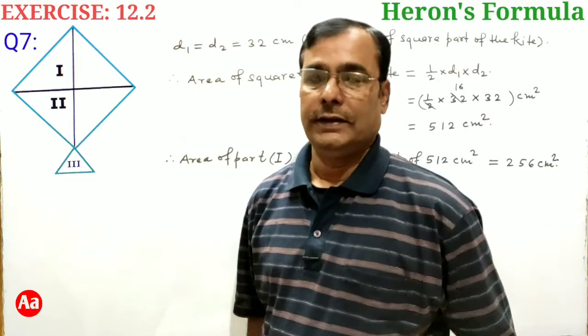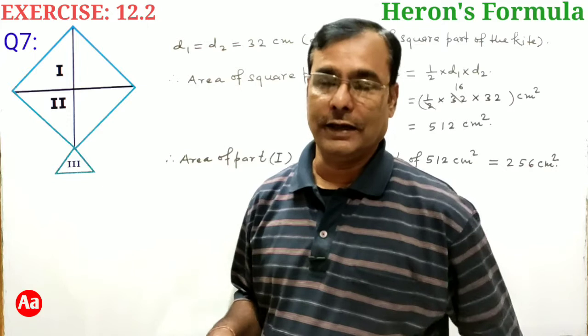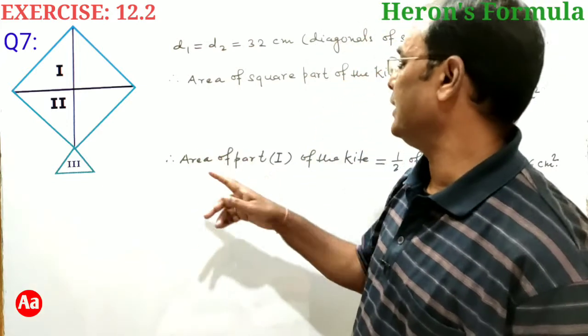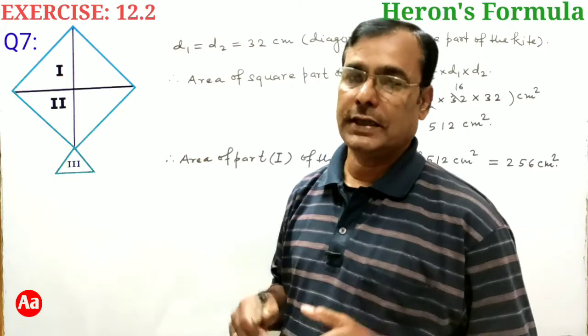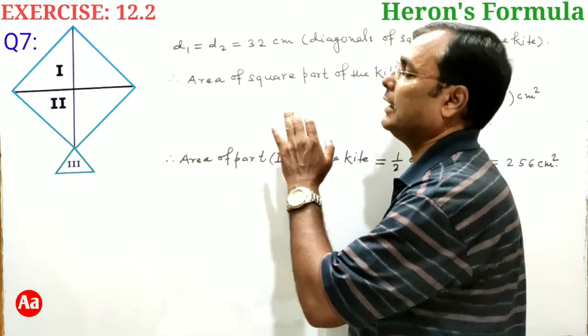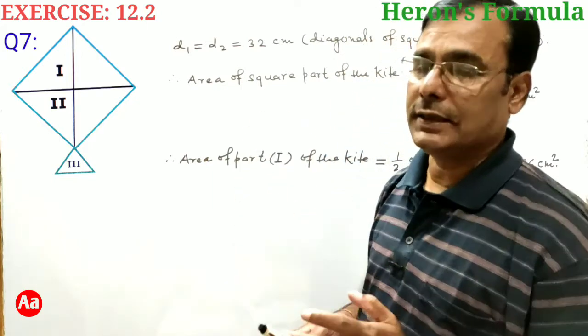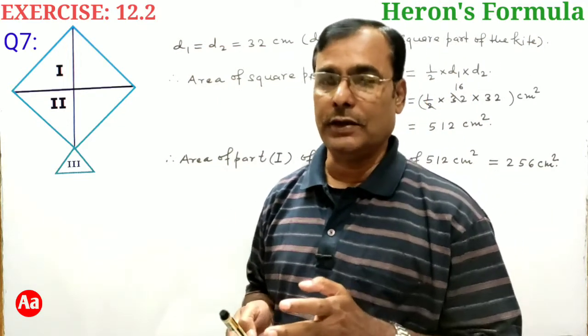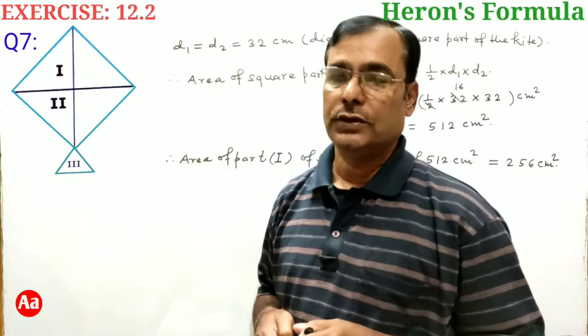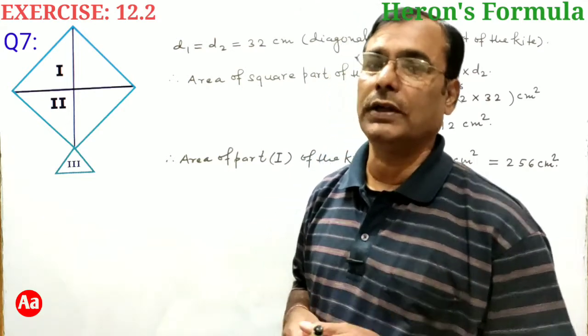The second part is shaded in another color, so the same area as the first part will be the area of the second part of the kite, because a diagonal divides a square, because a square is a parallelogram, and the diagonal of a parallelogram divides it into two triangles of equal areas.